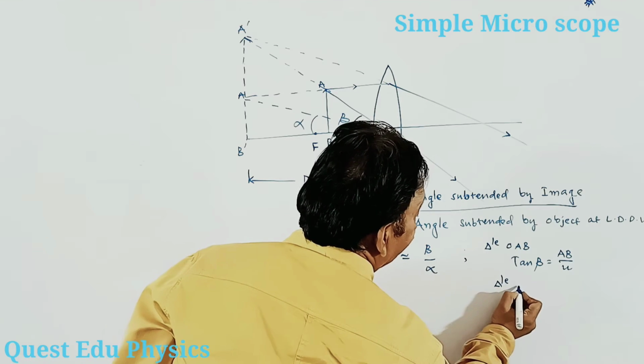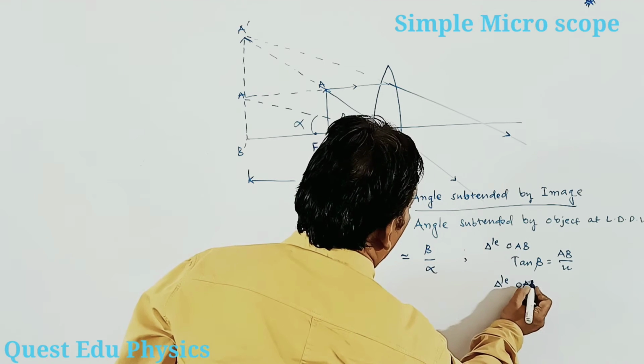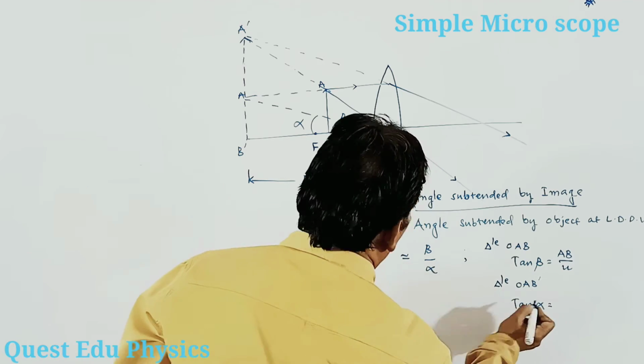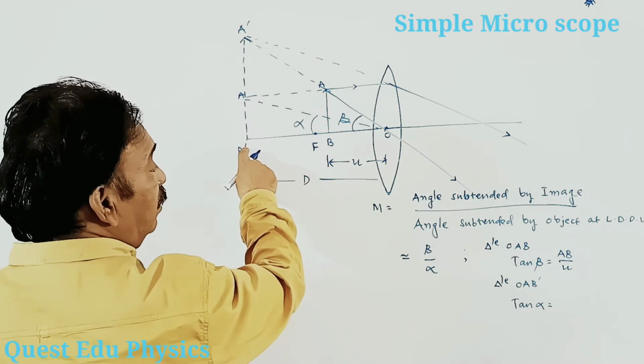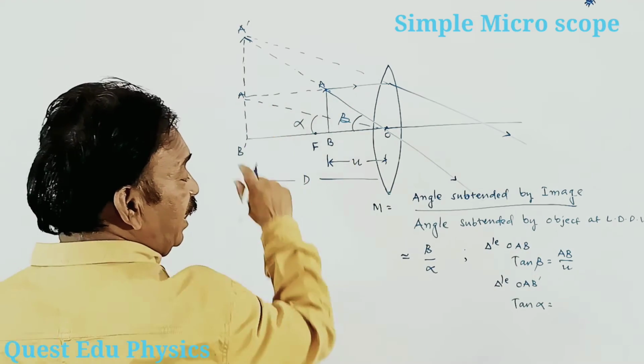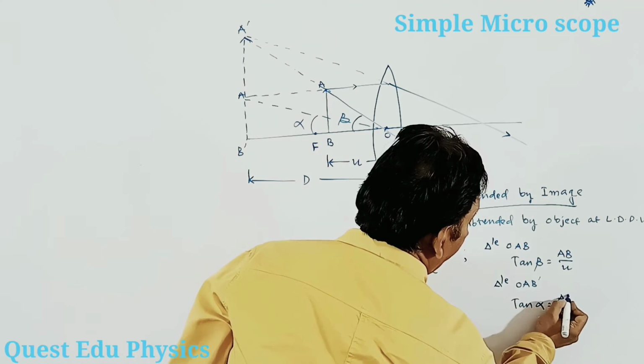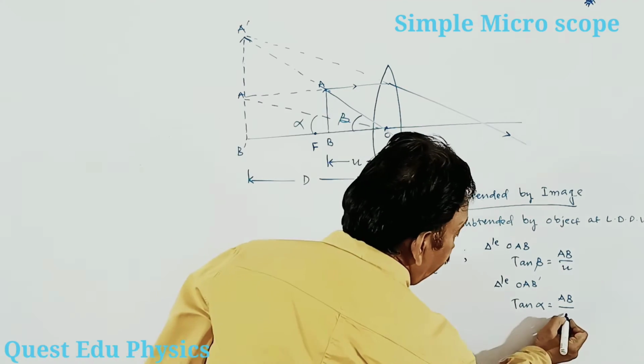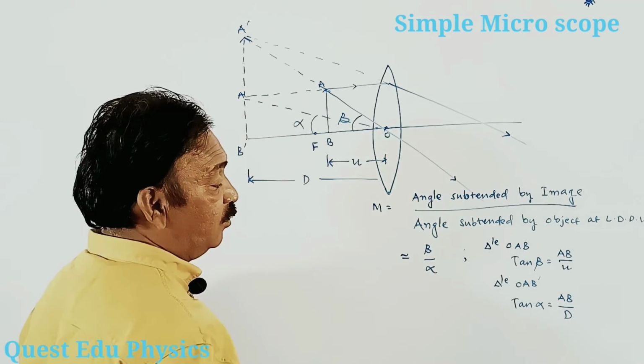From triangle OAB dash, tan alpha is equal to AB. Okay, this AB is equal to AB dash. AB by D. Here also I am not taking any sign convention.